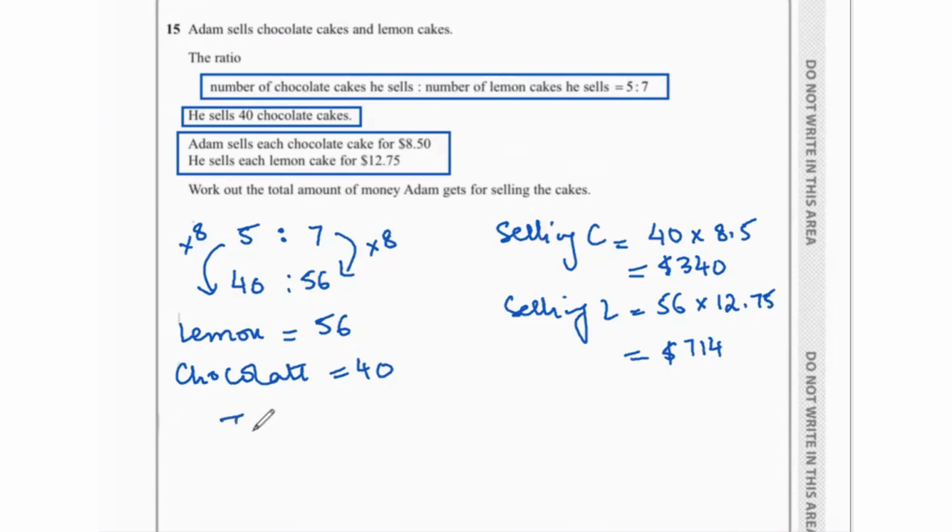So for the total money, we just add the two quantities. So 340 plus 714, and that is going to give us $1,504. That is the amount of money he earns from selling the cakes.